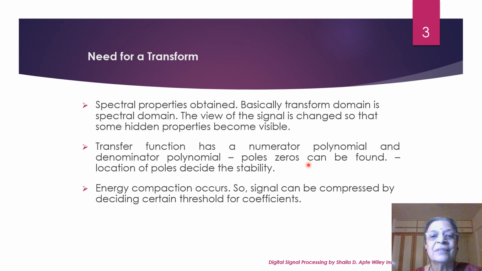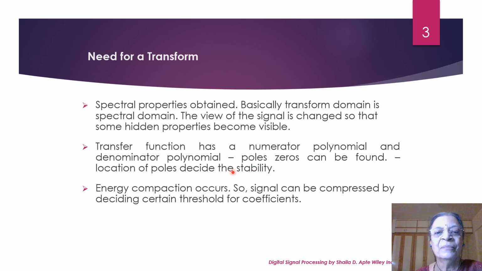If the poles are lying in a particular region, we can decide whether the system is stable or not. In case of Laplace domain, if the poles lie on the left hand side of the imaginary axis, the system is stable. Similarly, for Z domain, if the poles are within the unit circle in Z domain, then the system is stable.